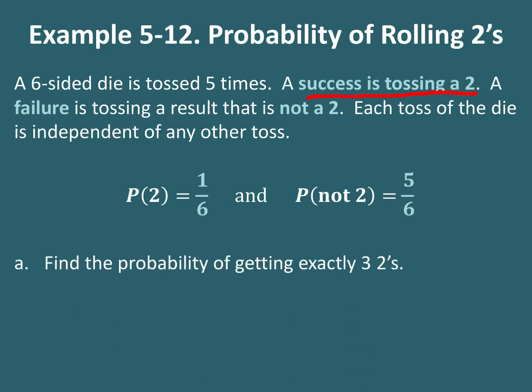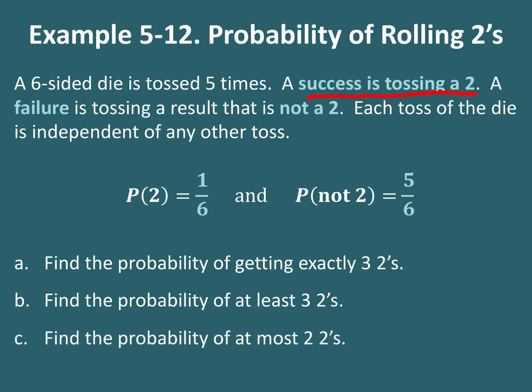Let's go ahead and find the probability of getting exactly 3 2s. In other words, let's find the probability of rolling 2 3 times. Then we'll find the probability of getting at least 3 2s. Next, the probability of getting at most 2 2s.